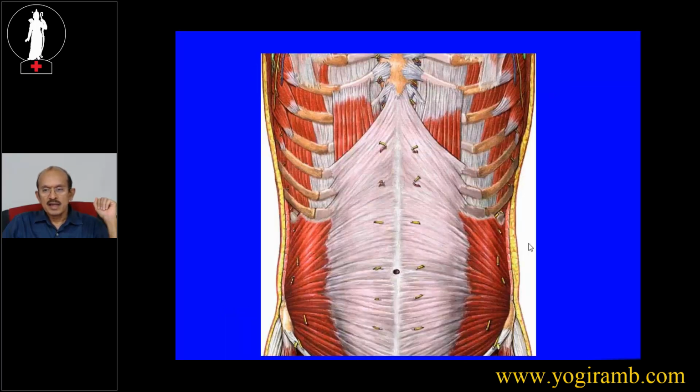So let us just see by layers what structures are there in the right upper quadrant of the abdomen.